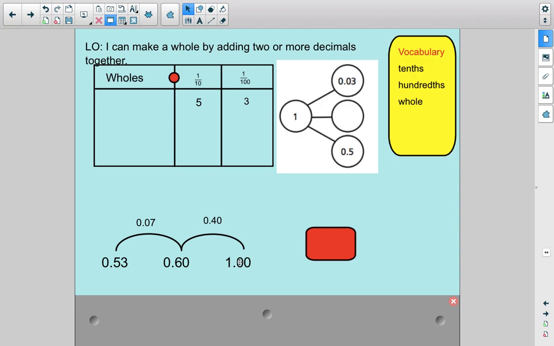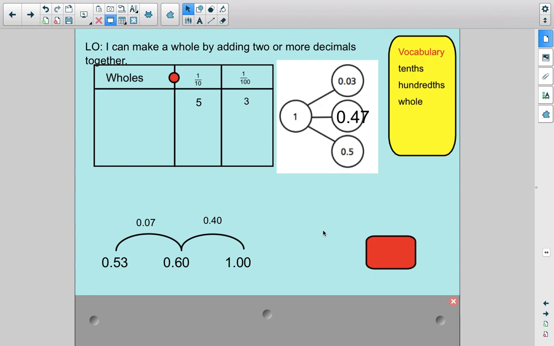I had to add 40 hundredths. So what did I add all together? I added 40 hundredths and 7 hundredths, which gave me 47 hundredths, 0.47. So that would be my missing number in my part whole method.